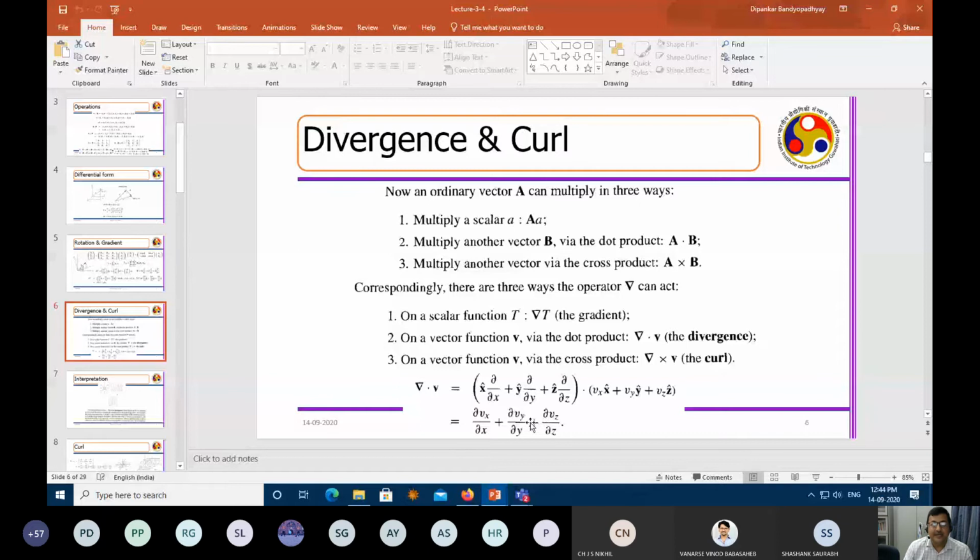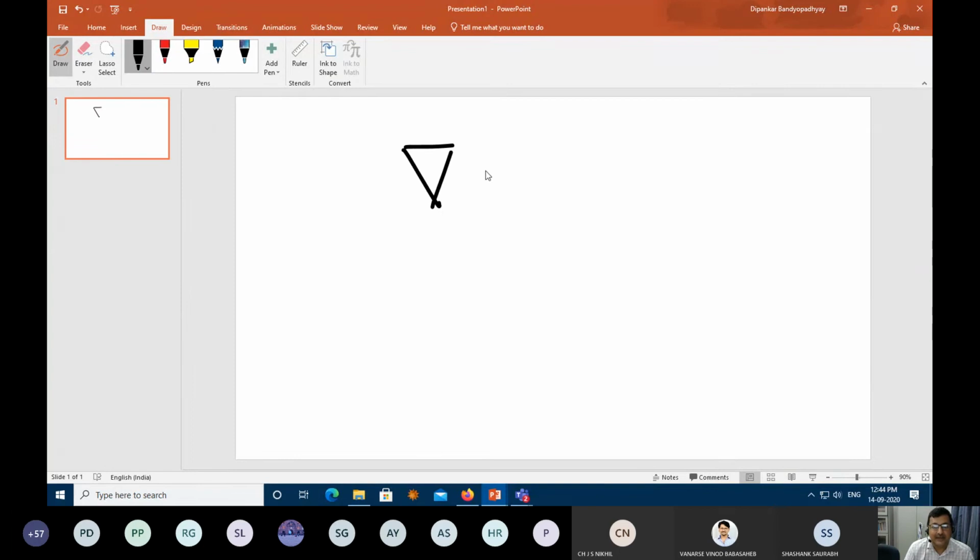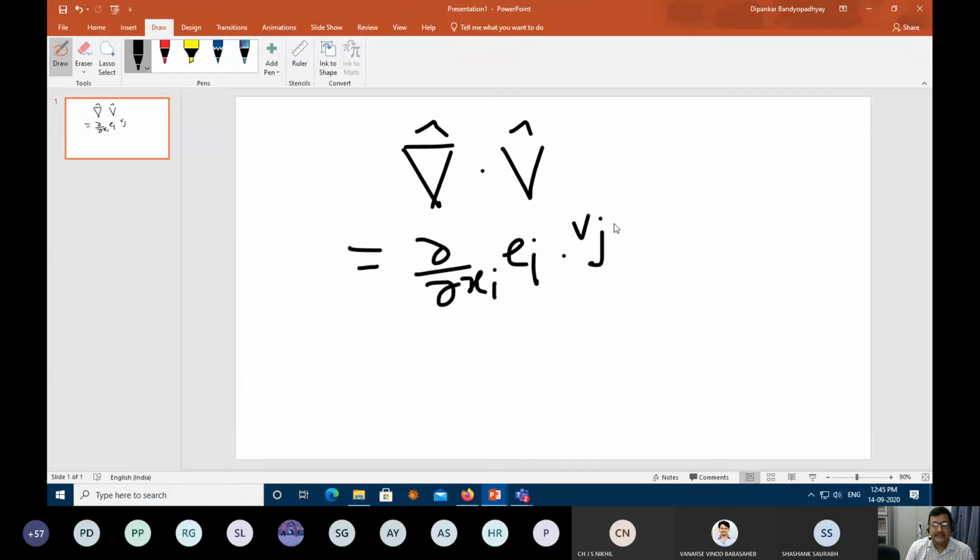Now, if I do it in indicial form, how will it work out? Say suppose I am trying the divergence of v. Here v is a vector, and the gradient is also a vector. How do I write it? I write del by del xi ei, dot vj ej.